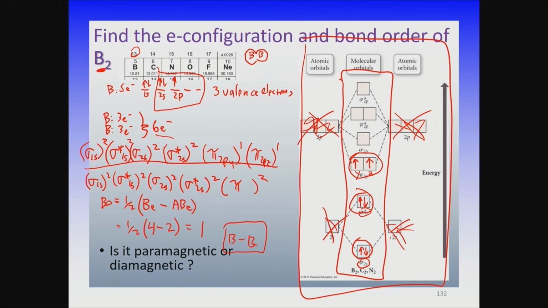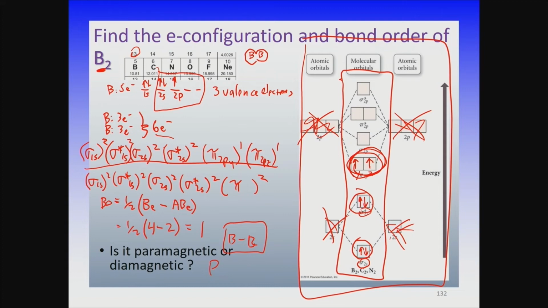It can have more than 1. If you have a molecule with 1 or more orbitals with a single unpaired electron, that would be a paramagnetic molecule. And you can see that the highest energy molecular orbital, the pi 2p orbital here, has a single electron in each orbital. So this predicts that this will be a paramagnetic molecule.